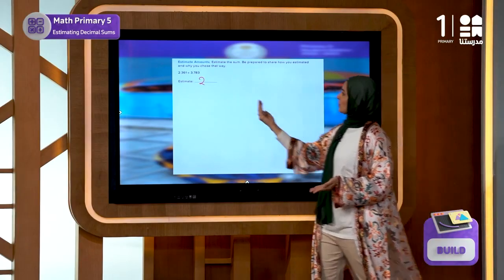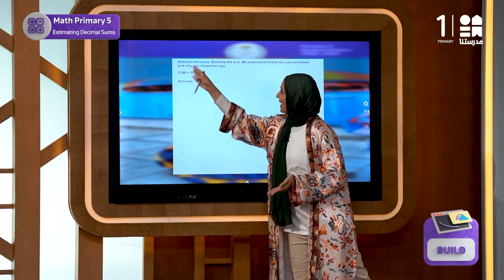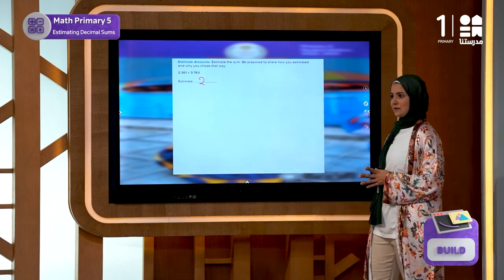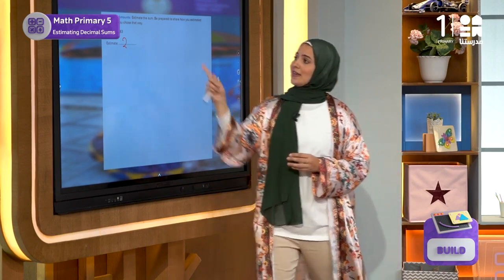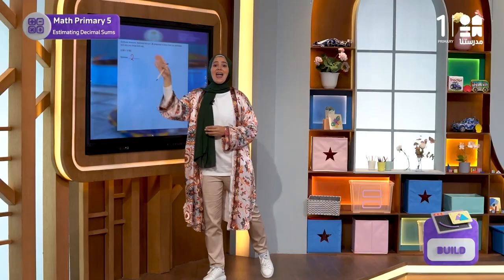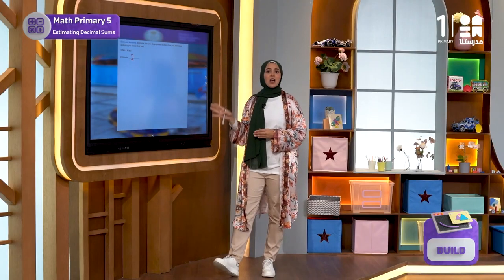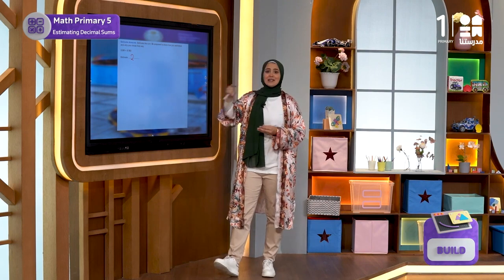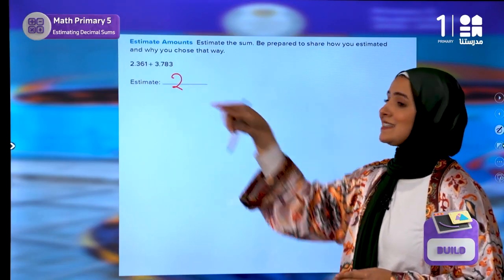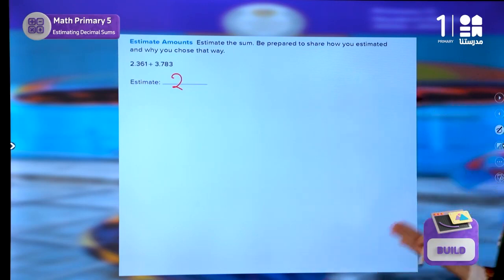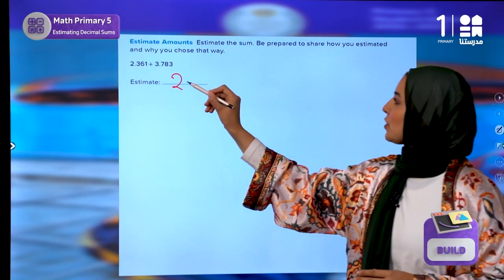Why? Because we write 2 and we neglect all the other parts. Now let's look at the second number. We are going here again to keep 3 and ignore the rest of the what? Of the digits. In the same exact way, we are going to estimate 3 ones, 783 thousandths to, that's correct, to 3.